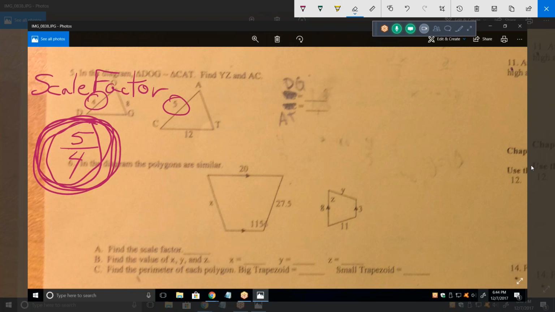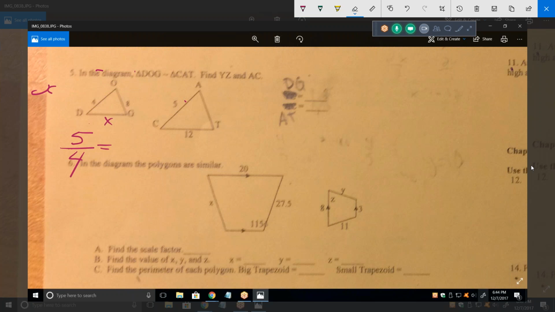how do we figure out DG? Give me a ratio, a proportion that I can write. What is 5/4 equal to? Let me call that X for the moment. Well, think.